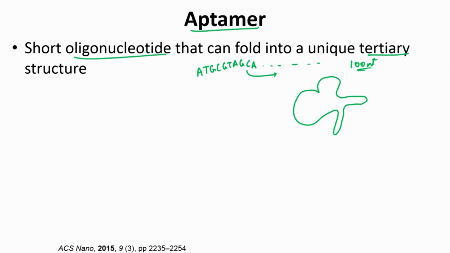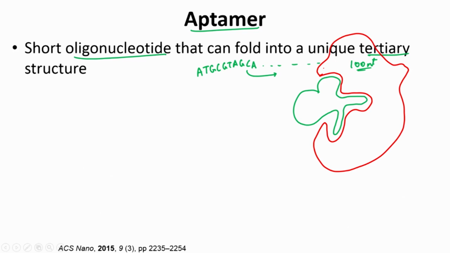Now again, this is fairly small, and we are talking about 100 nucleotides only. So, it is not a huge protein-like structure, but it is a small protein-like structure, and maybe there is a protein that is complementary to this. So, maybe I have a protein that looks like this, and if this aptamer has the sequence or the structure complementary to this protein binding site, then this aptamer is going to go ahead and bind to it.